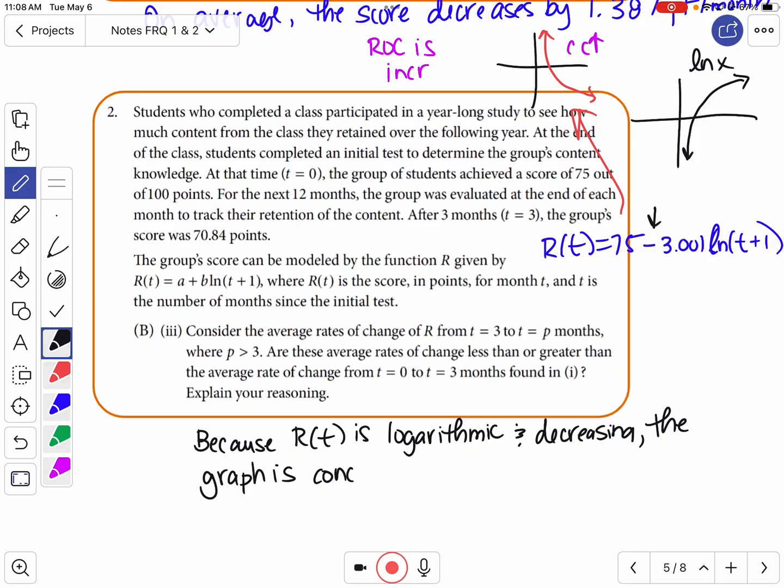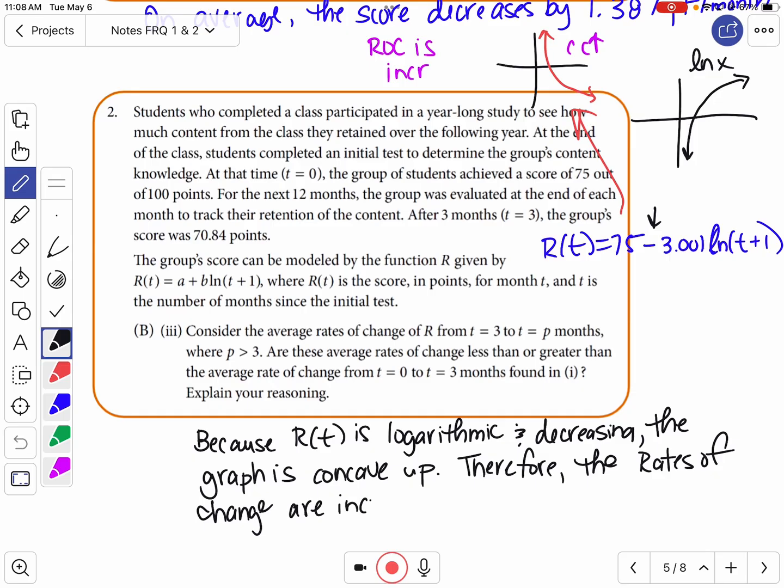We have to say how we know what's happening. Therefore, the rates of change are increasing over equal length inputs.